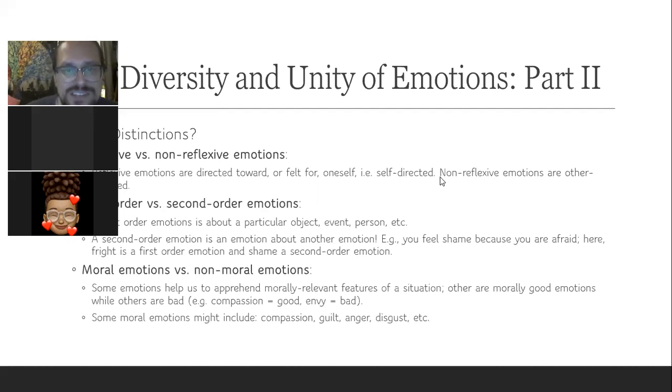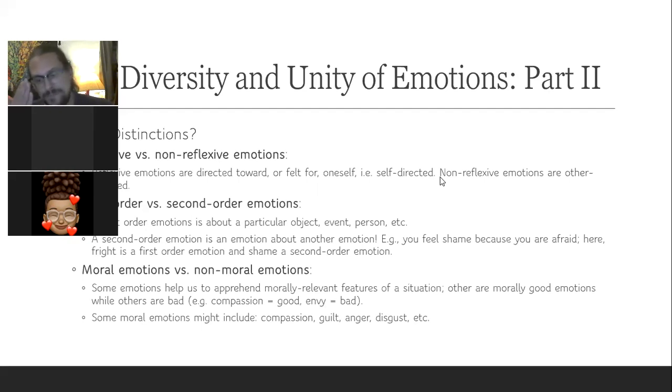Leslie says satisfaction, and I think that's a pretty good example of a reflexive emotion. I feel satisfaction for myself, right? And it just struck me that there are further distinctions that we could draw here. Emotions could be reflexive or non-reflexive, because the object of the emotion is either me or someone else.